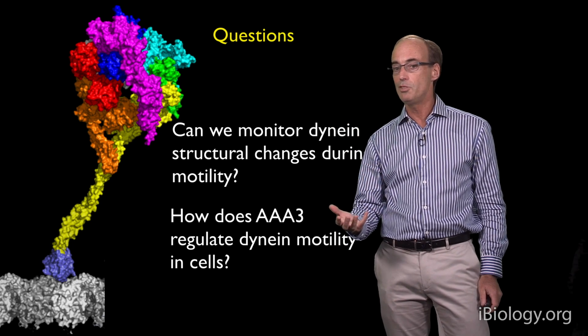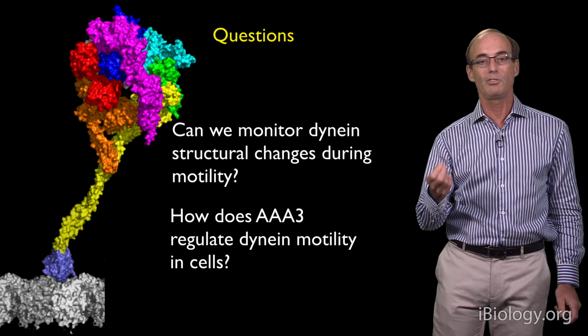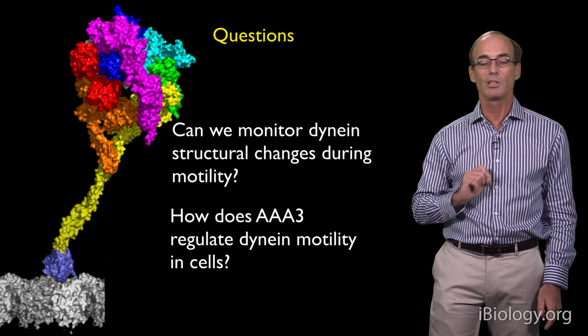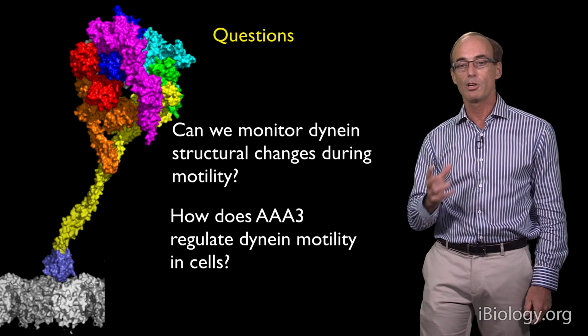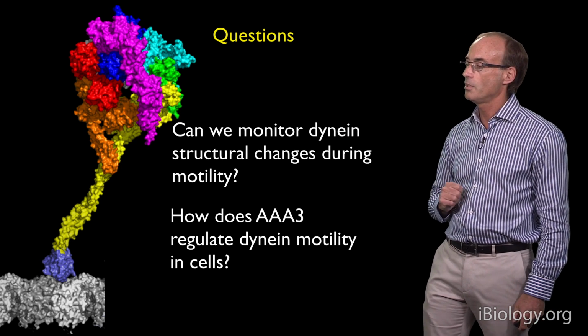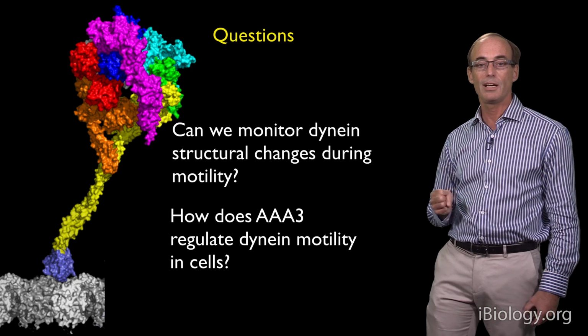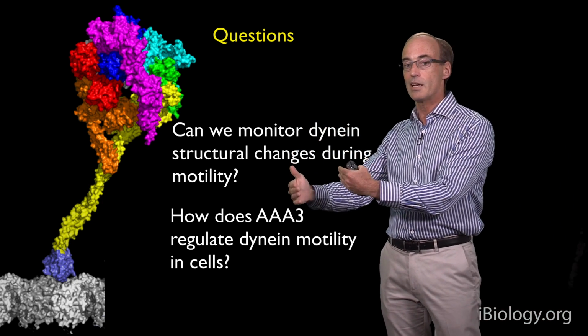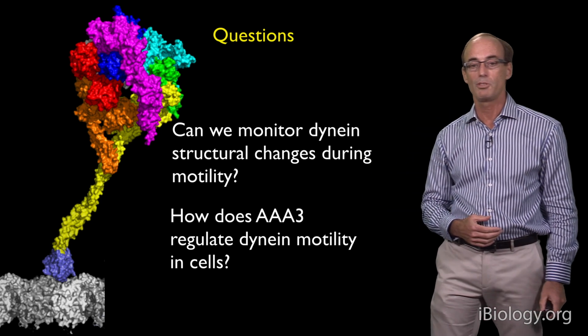And there are ways of doing this, for example, techniques such as single molecule FRET, which act as probes to measure certain conformational changes that occur in a protein, and perhaps those kind of techniques can be applied to dynein so we can actually see dynein stepping and simultaneously measure conformational changes.